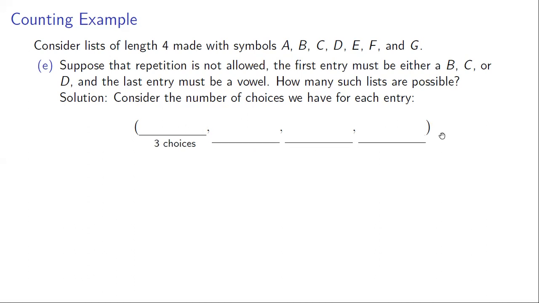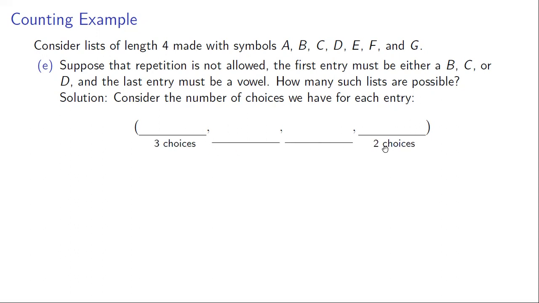So let's try this again. The idea is as follows. We have 3 choices for the first entry. Now we're going to go to the last entry. How many choices do we have for the last entry? Well, so far we only used B, C, or D, so we have A and E left, and the last entry has to be a vowel. So we have 2 choices for the last entry. Now we can go back and fill in the middle entries.